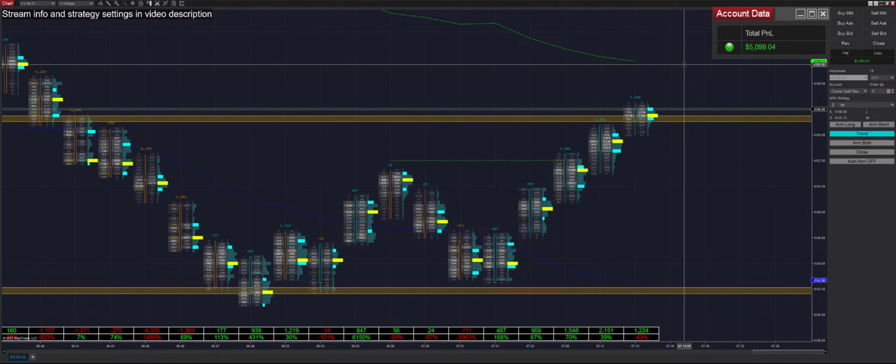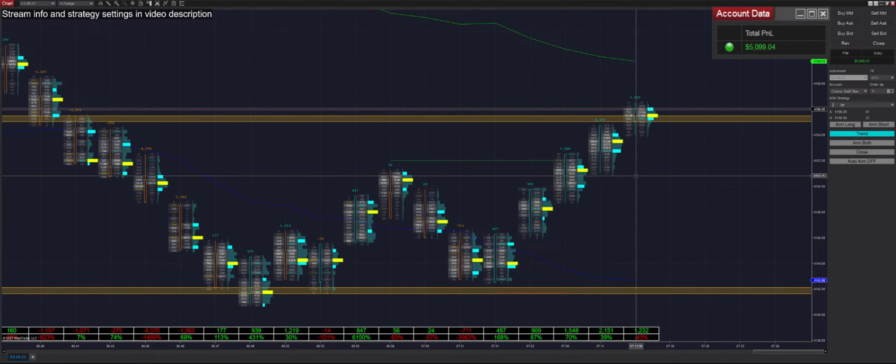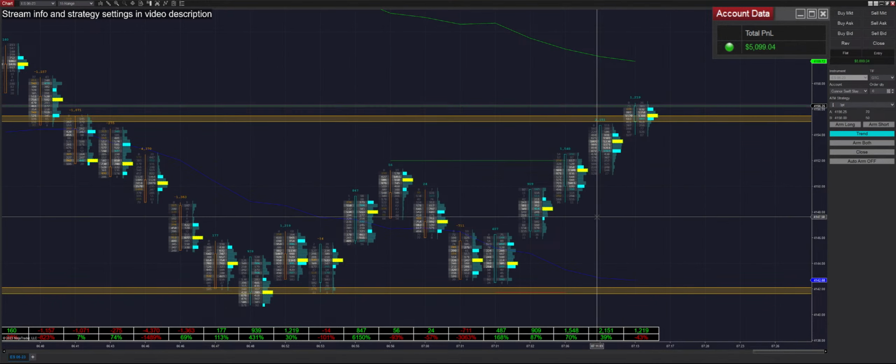Target filled. All right, there we go. Okay, so that puts us right above our $5,000 daily profit target. I didn't even do that bad today. I never even had a drawdown below my daily starting point, so I should be happy about that.